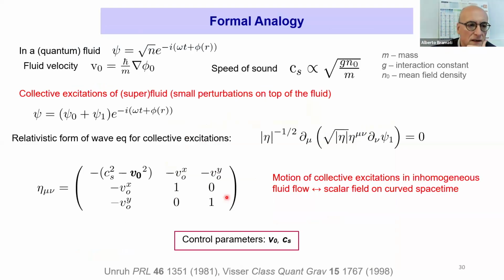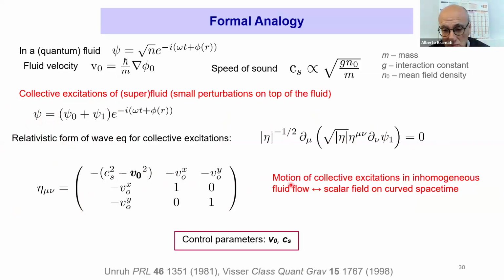Of course, the analogy can be made in a very precise formal shape. In particular, it is possible to demonstrate that the collective excitations obey an equation with the relativistic form of a wave equation, written here, the so-called Klein-Gordon equation, where eta is the metric, given by this matrix.